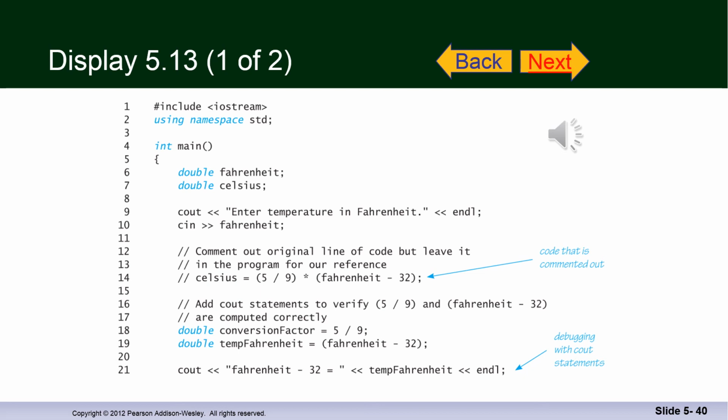So we declare a double conversion factor equals 5 divided by 9, and then a double temp Fahrenheit equals Fahrenheit minus 32. So we break that calculation into two parts, and then we cout Fahrenheit minus 32 equals temp Fahrenheit, and then we're going to have to go to the next slide to see the rest of this.